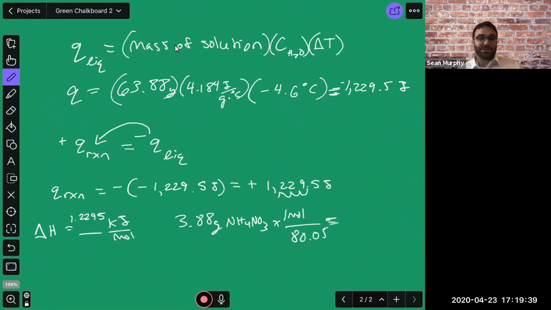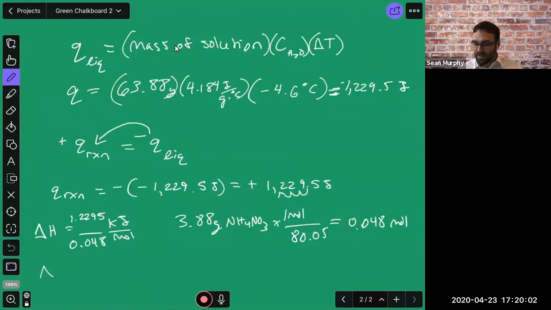Now we're going to quickly divide these two because they're on the same side of the equal sign, and we're going to go diagonally, top to bottom, and we should get how many moles? 0.048 moles. Let's put that in the bottom, 0.048 moles.